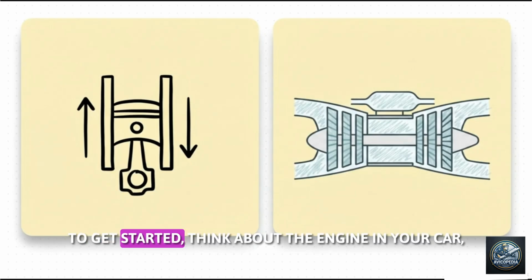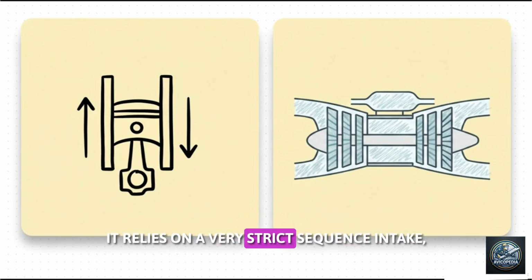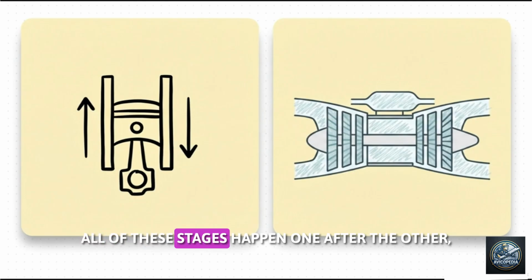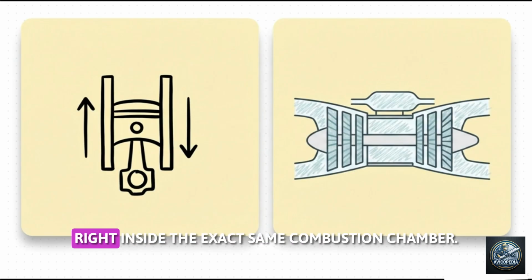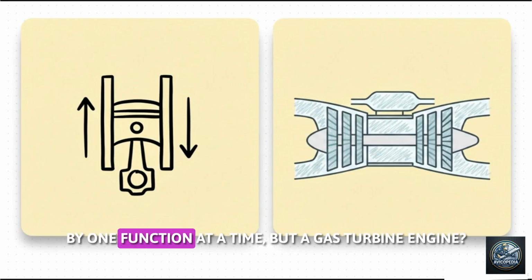To get started, think about the engine in your car, a reciprocating engine. It relies on a very strict sequence: intake, compression, combustion, and then exhaust. All of these stages happen one after the other, right inside the exact same combustion chamber. The chamber is basically occupied by one function at a time, but a gas turbine engine?